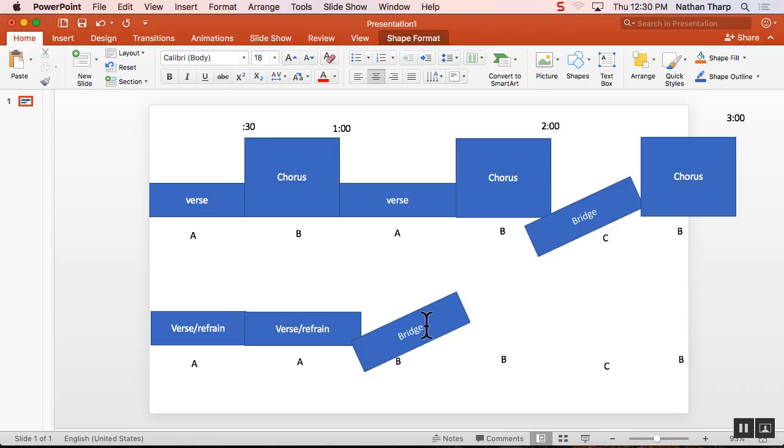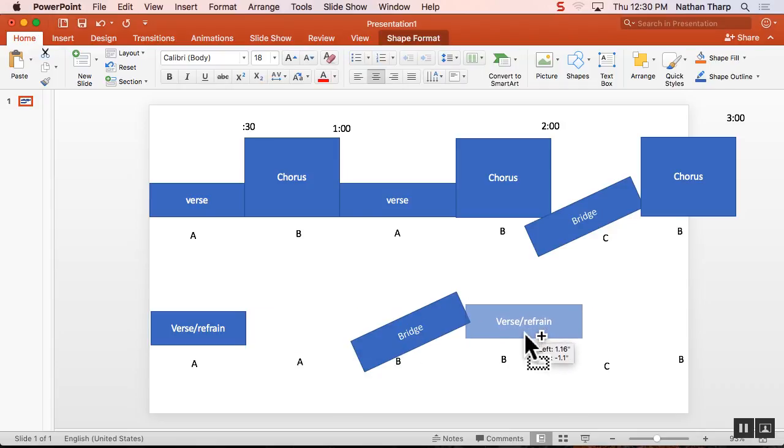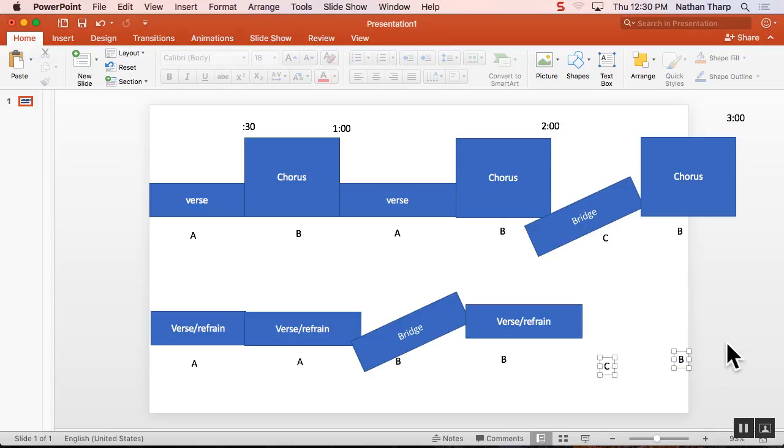Okay. Bridge, and then we'll do another one here. And the song can often be shorter. Older songs are generally shorter. Jazz songs, what they do is they do this, A, B, A, and then they solo over that same pattern for a while, and then they come back with one more A or something like that in the end.